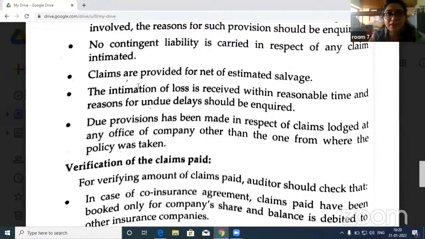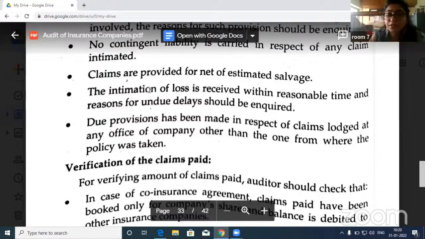So suppose there is fire in home. Okay, car is damaged with an accident. Okay, now you need to first intimate the company that so and so thing is happening. So maybe in the future I may call you, I may claim my amount. So this is known as intimation.